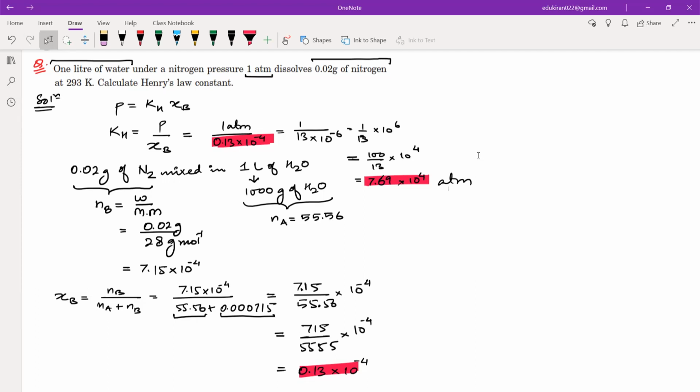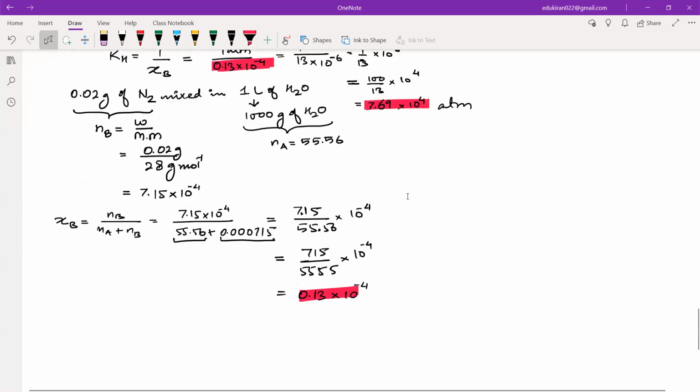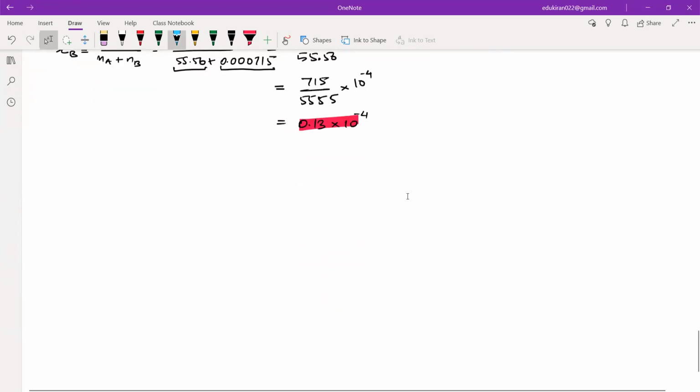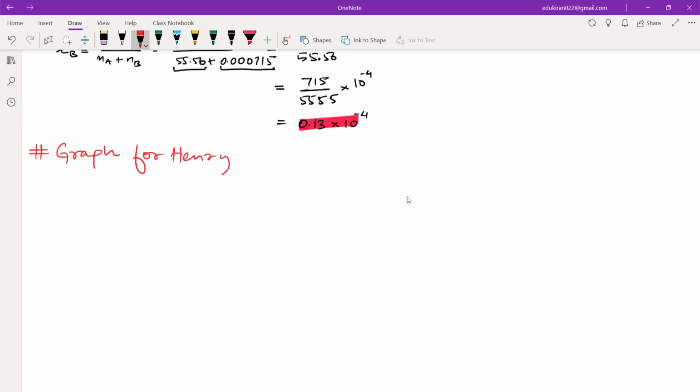अच्छा, there is one thing जो छूट गया, बिल्कुल ध्यान से. Write a topic that is graph for Henry's law. ठीक है.